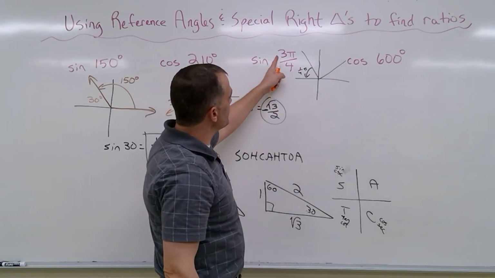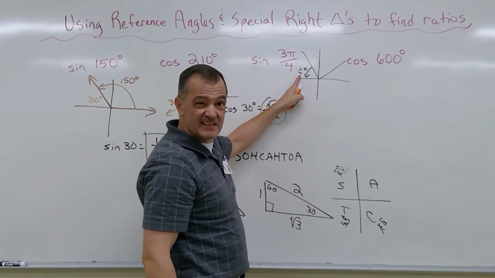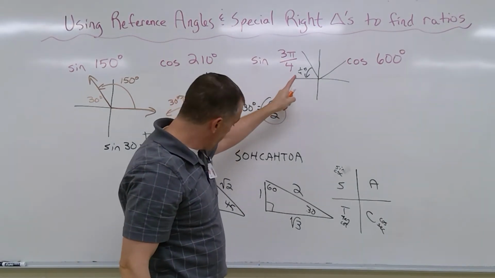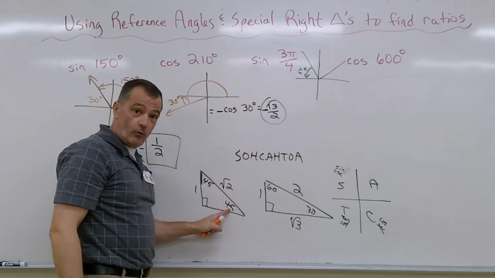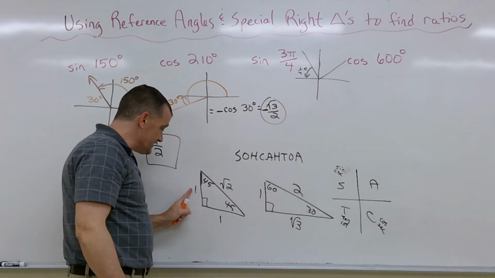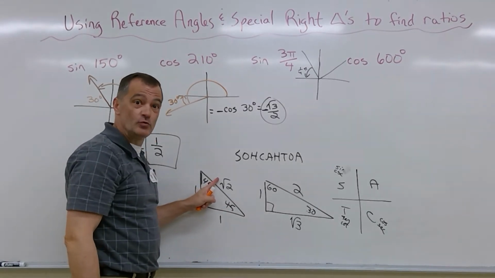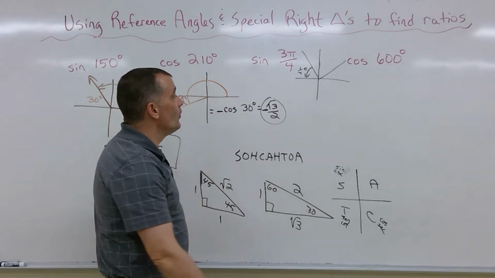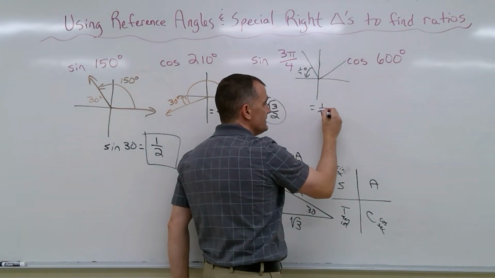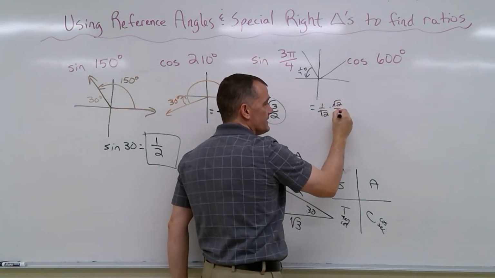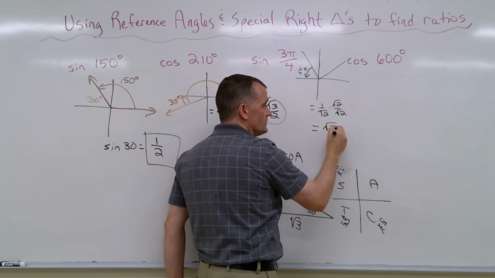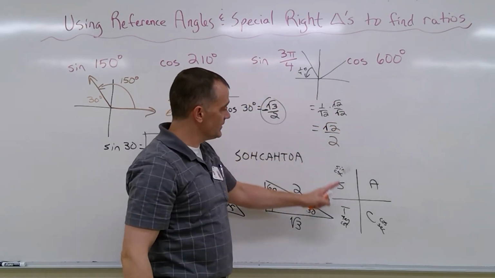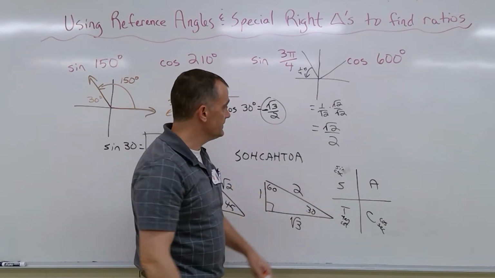So finding the sine of 3/4 pi is pretty much the same as finding the sine of 1/4 pi, which is 45 degrees. 45 degrees right there. Opposite over the hypotenuse, 1 over square root of 2, which rationalizes, multiplying the top and bottom by the square root of 2, as square root of 2 over 2. And since we're in the second quadrant, we should be positive.